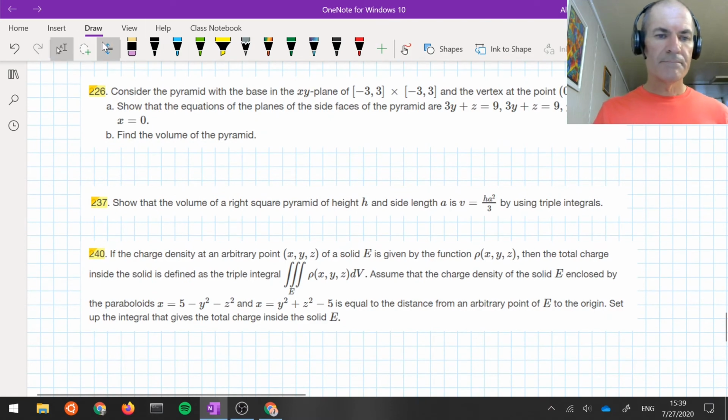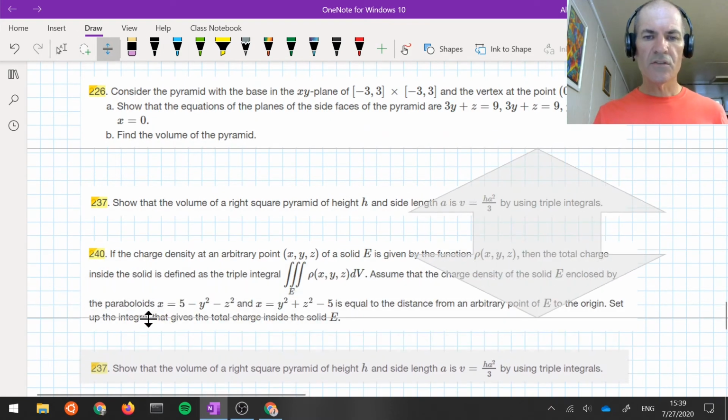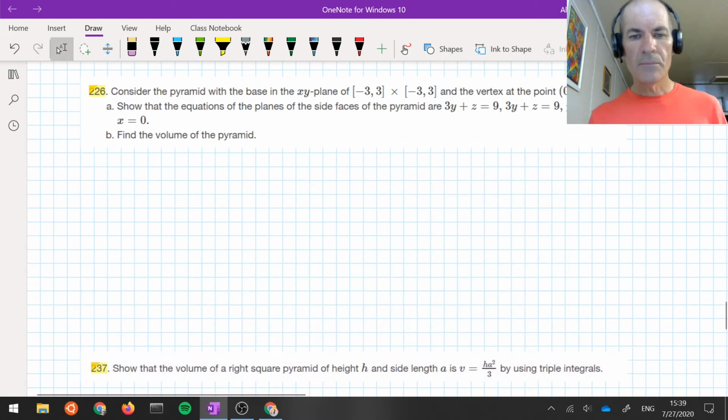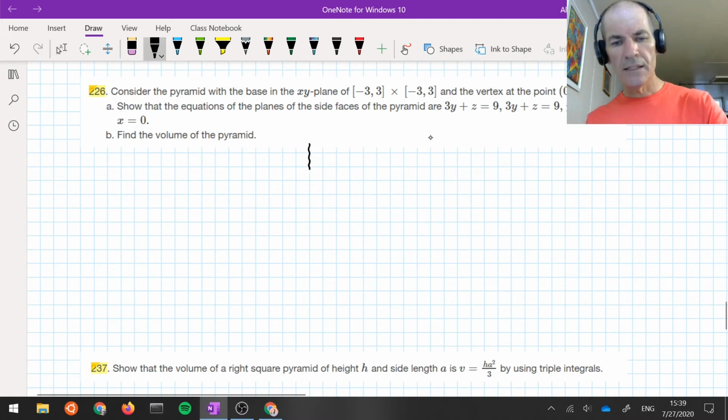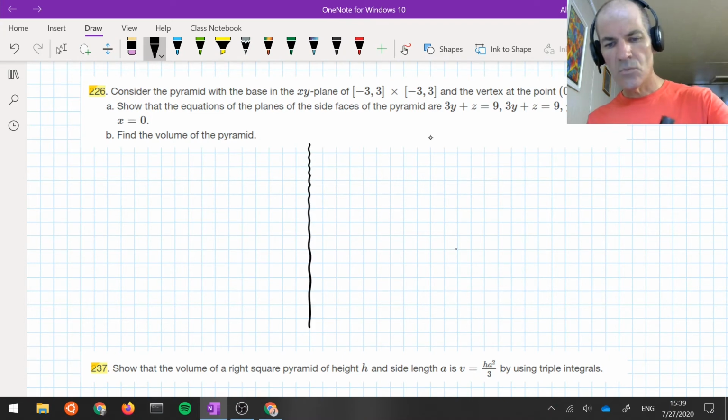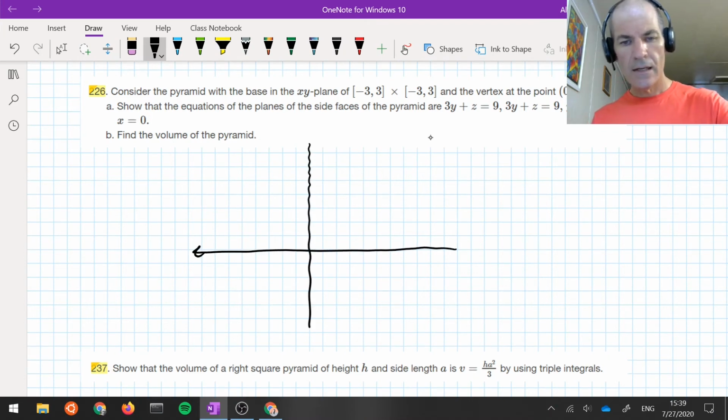All right, in problem 226, you're asked to think about a pyramid with a base that's square like this and a vertex at 0, 0, 9. As usual, I'm going to just mostly live in the XY plane and imagine the last dimension.